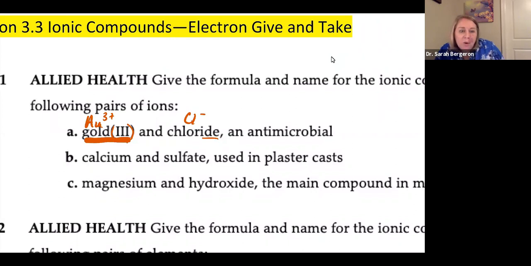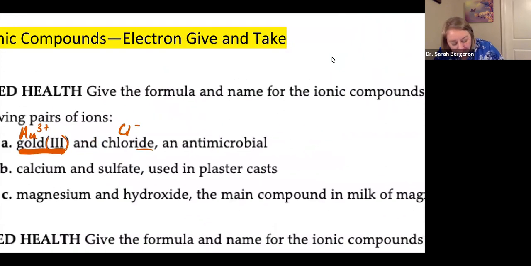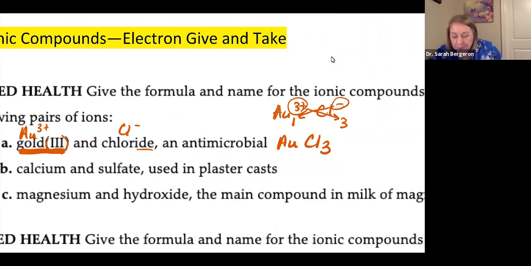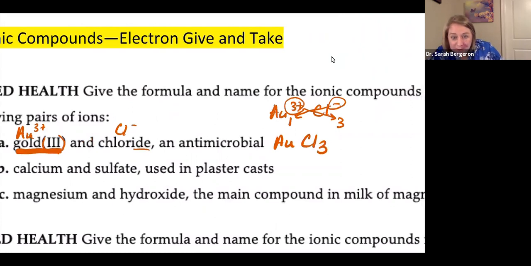So we have gold(III) and chloride. What's going to happen? I'm going to do my crossover. Au3+, Cl-. I take my 3+ and put it there, take my 1- and put it there, so I end up with AuCl3. Now I have to name it.